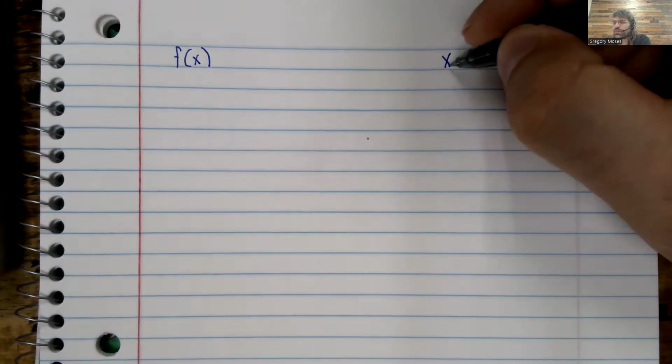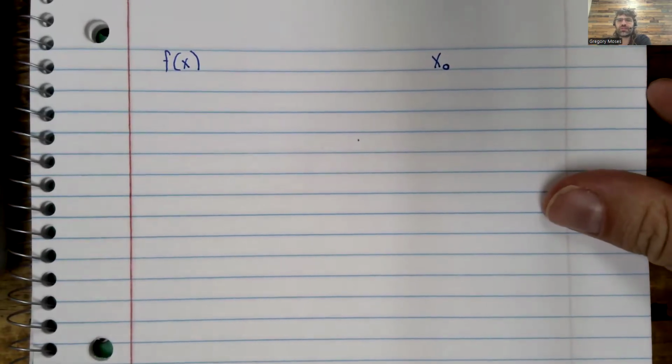So, if we have a function f of x, we've defined the instantaneous rate of change at a specific value x sub 0.